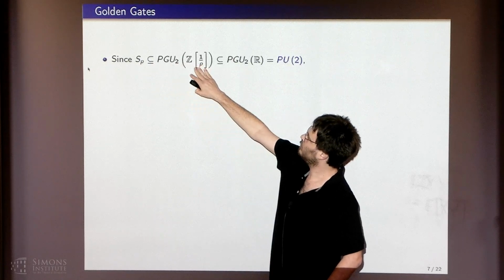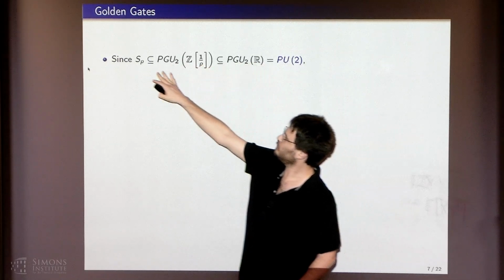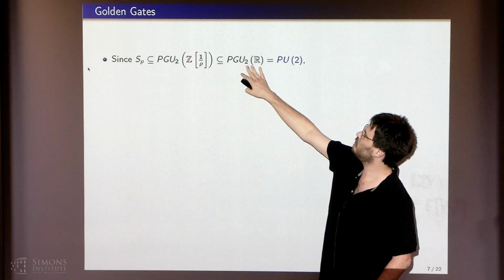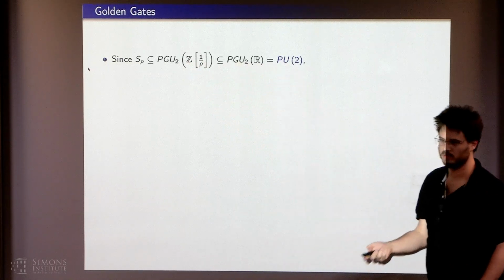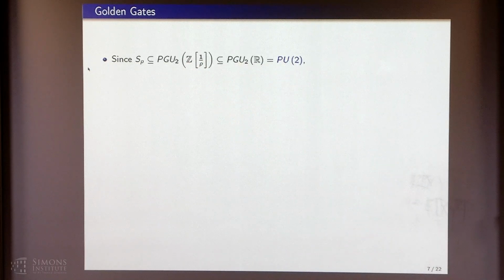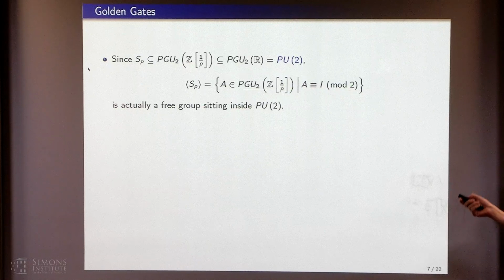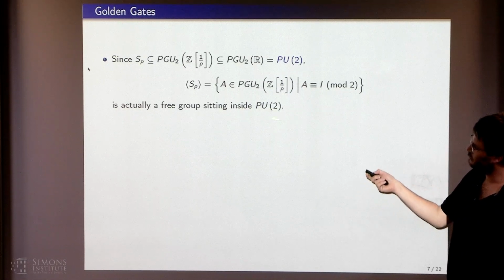But this ring is a subring of the reals. So this generator sits in PGU2R, which we said is actually PU2. And this is the group of unitary transformations or gates on one qubit. So it actually sits there. And I can look at the group they generate. We call this gamma 2. And this is a free group which sits inside PU2.